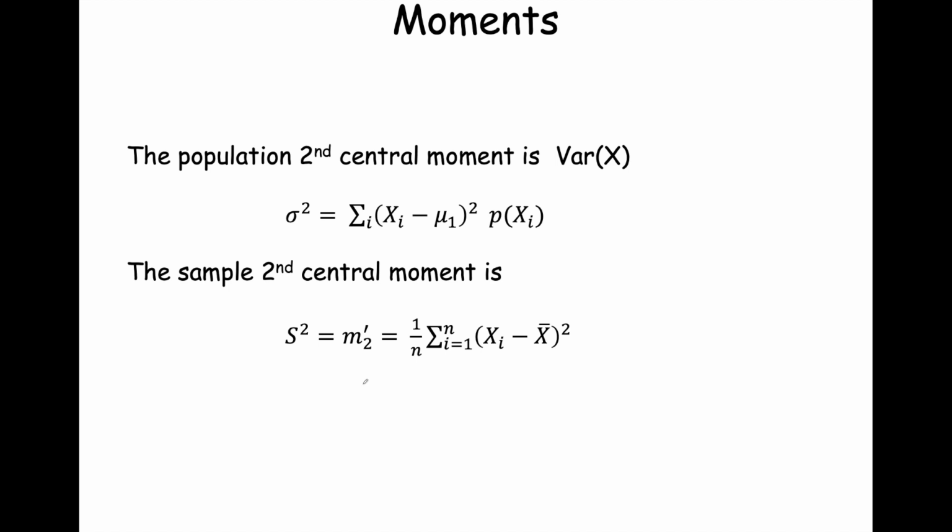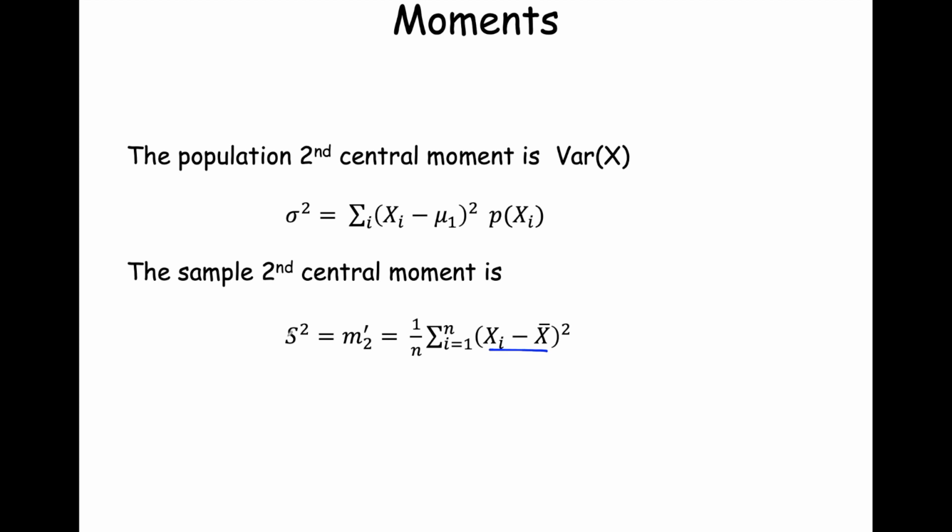So s squared, as we know it, is m2 prime, which is 1 over n times the sum of each of the xi minus the sample mean quantity squared. So that's the sample version of the second central moment. It's central because you're subtracting off the center, and it's sample because you're using the sample mean.